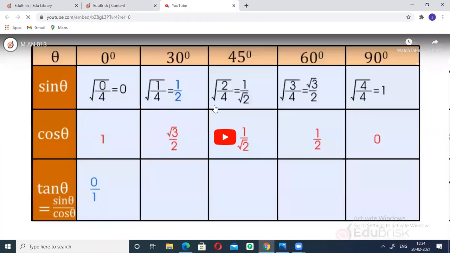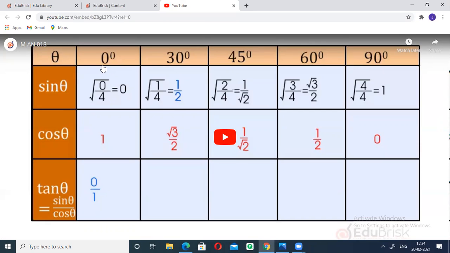If we check this table, which is also explained well in the video, there are angles written on the top: 0, 30, 45, 60 and 90 degree. First of all, you can write sine theta, cos theta and tan theta like this as rows, and for the columns on the top these angles.